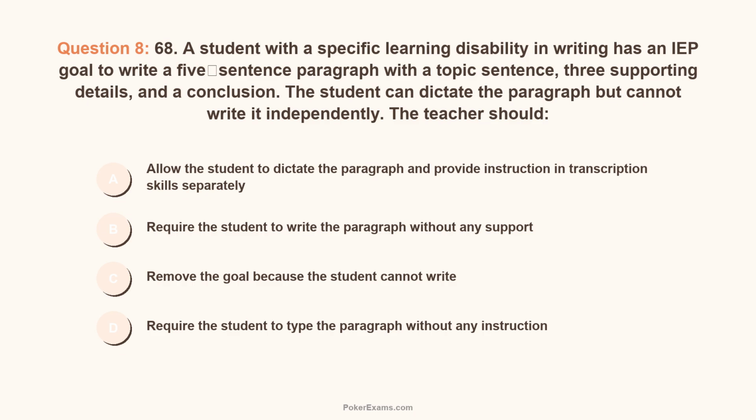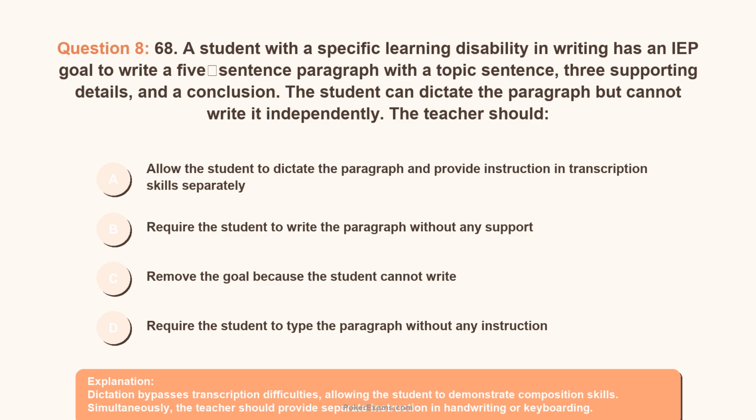Require the student to write the paragraph without any support. Remove the goal because the student cannot write. Require the student to type the paragraph without any instruction. Dictation bypasses transcription difficulties, allowing the student to demonstrate composition skills. Simultaneously, the teacher should provide separate instruction in handwriting or keyboarding.